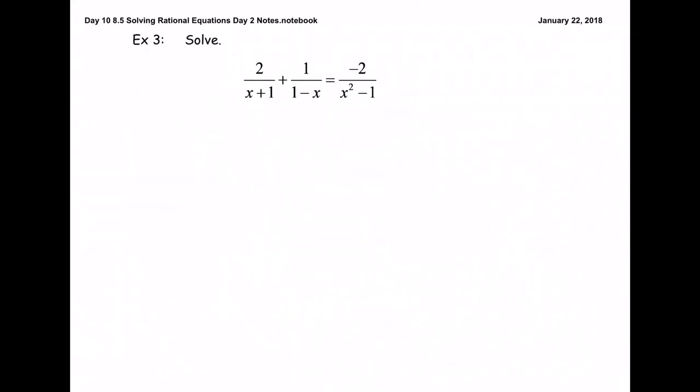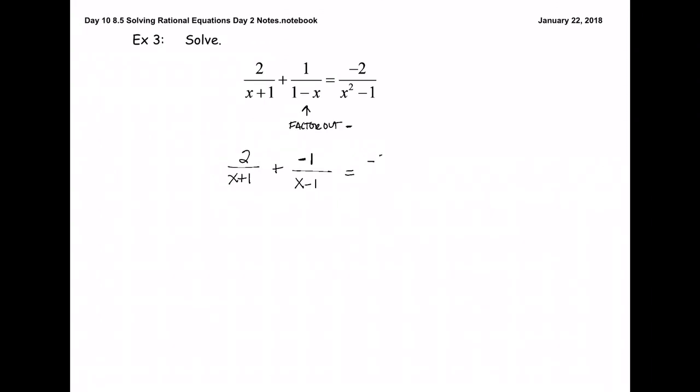Example number 3. Again, this middle one, you want to make sure and factor out a negative. So you can rewrite your center term. So you have 2 over x plus 1. Factor out that negative so you can attach that negative to your numerator, and it's going to become x minus 1.